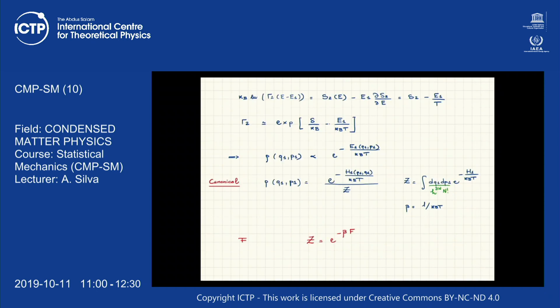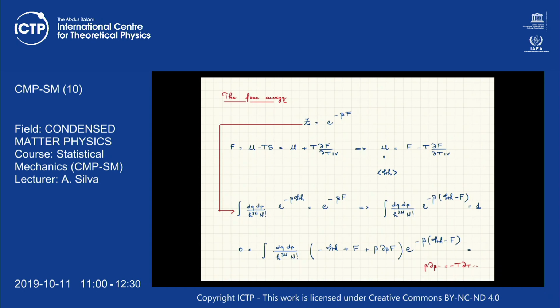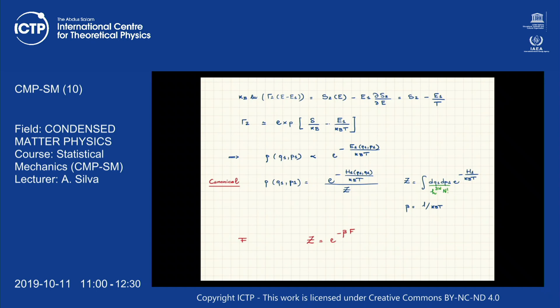Here I wrote it for a gas of particles, but at the end of the day, the only thing I'm saying is the probability to have my statistical variables, no matter what they are, they can also be spins, in a certain configuration is e to the minus the energy divided by t, divided by Z, normalized, okay?